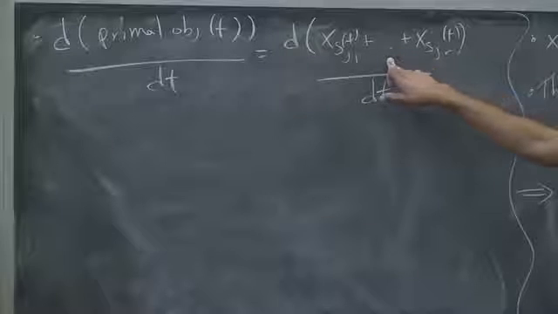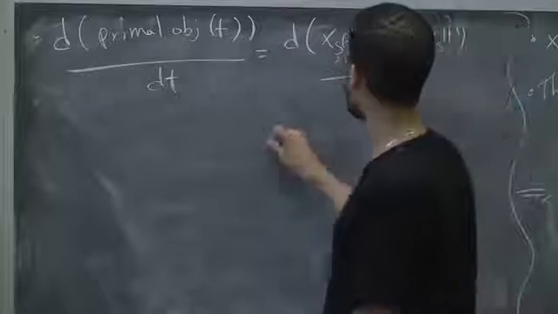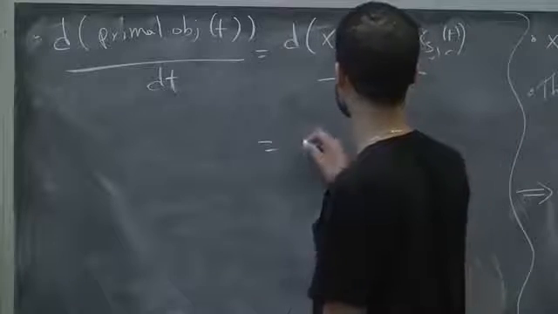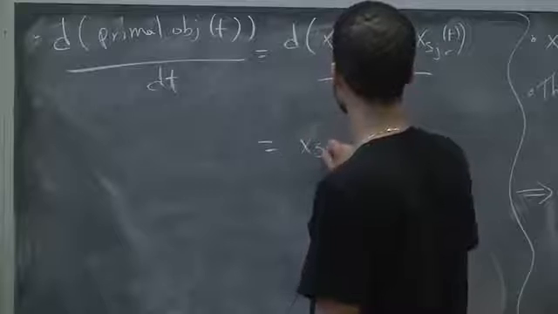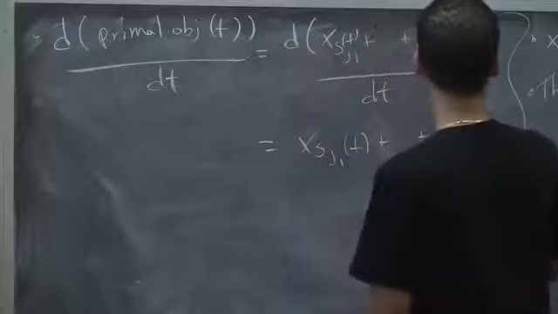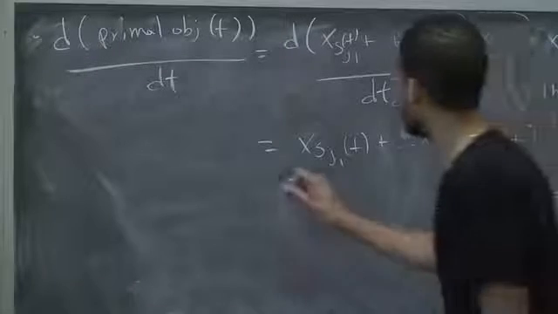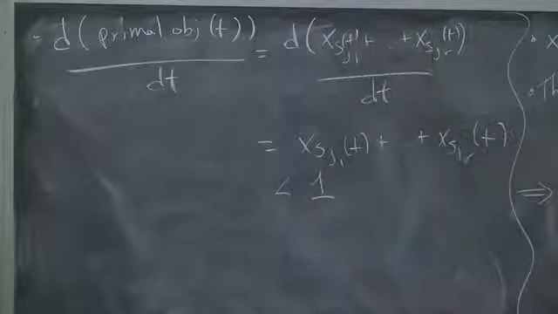This sum is at most 1. So the derivative with respect to time is exactly, according to our differential equation, x_Sj1(t) plus dot dot dot plus x_Sjr(t). But this is less than 1. Otherwise, we wouldn't have bothered evolving.